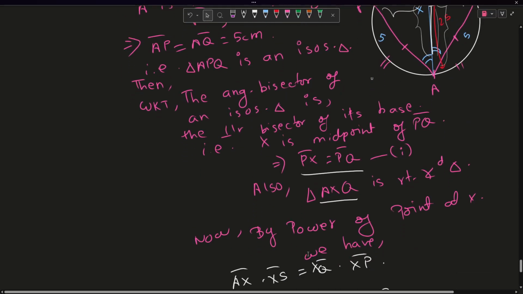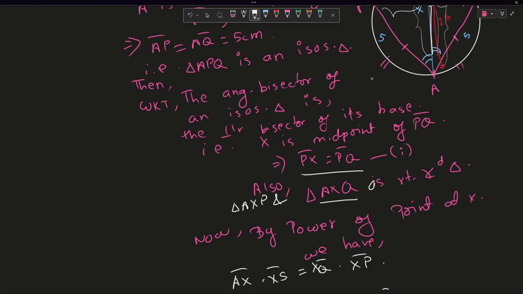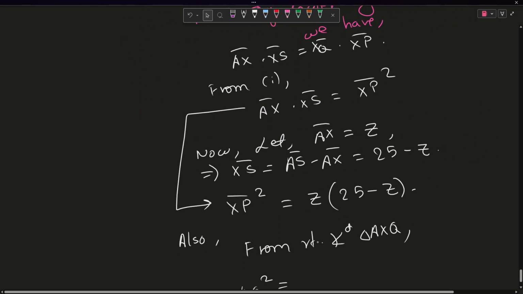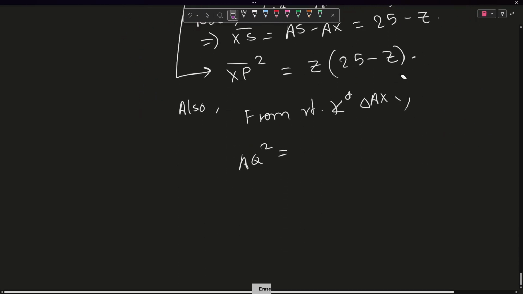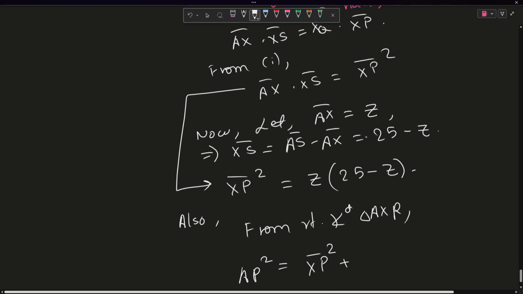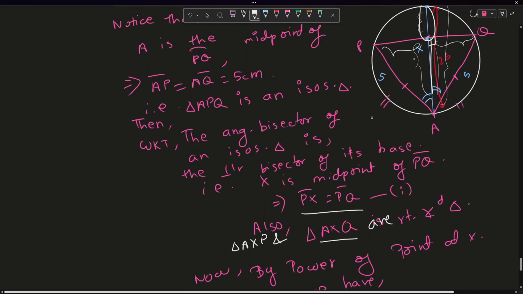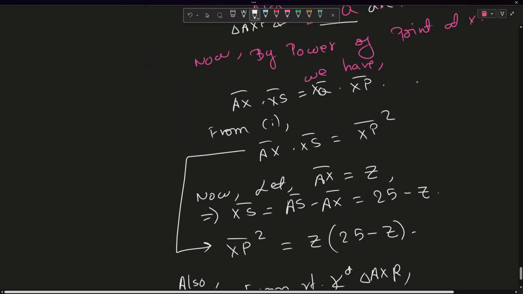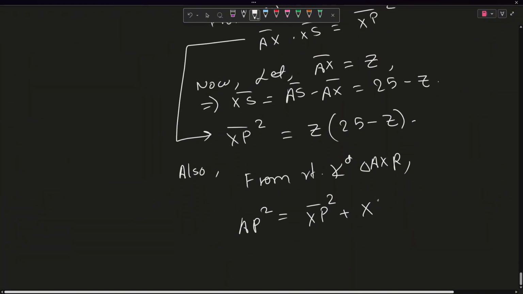Triangles AXP and AXQ are right angle triangles. From right angle triangle AXP, we get AP square is equal to XP square plus XA square.